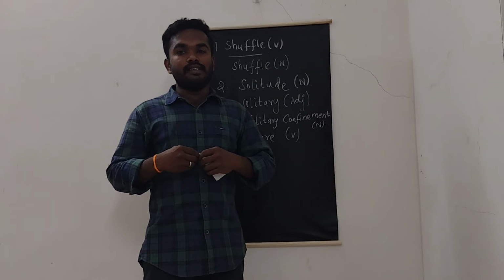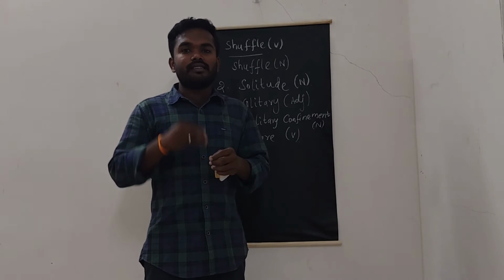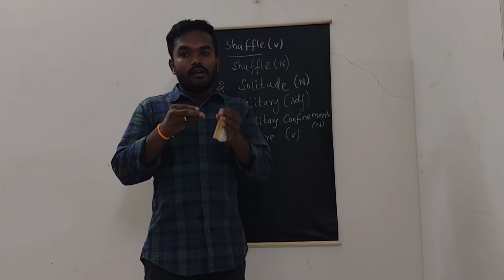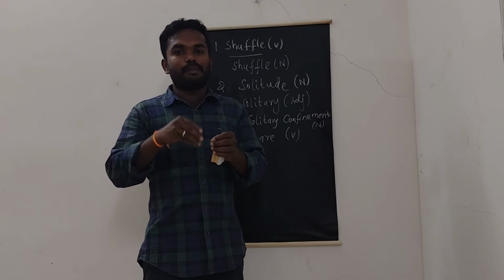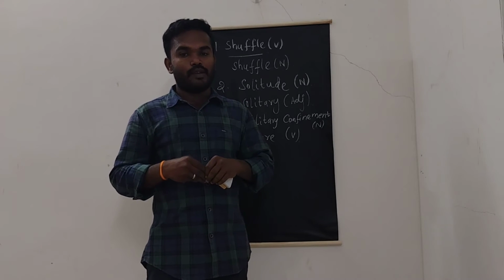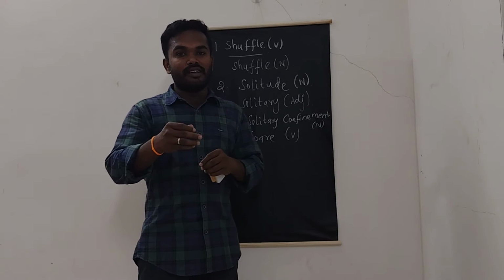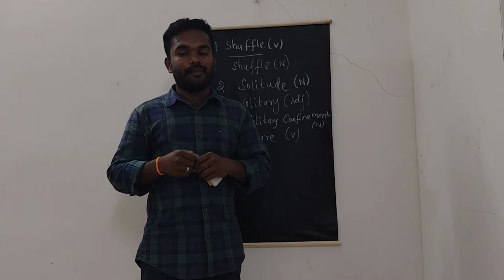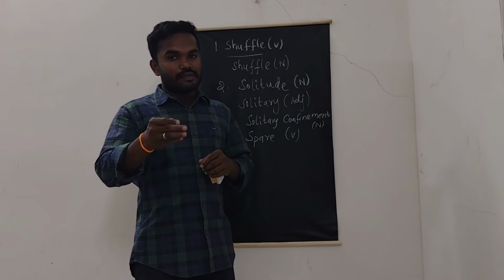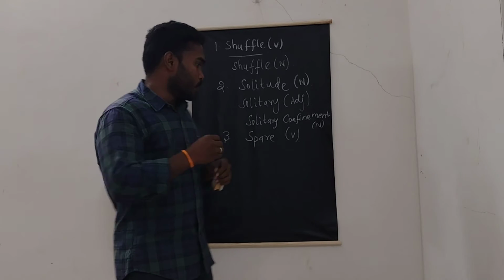The second example is, no one knows why the gunman shot some people and spared the others. So that is what it means, spare. That is to not hurt someone or somebody. This word can also be used as a noun.